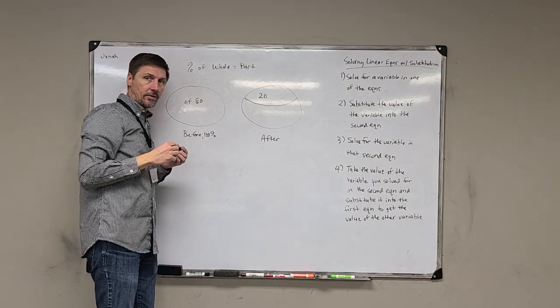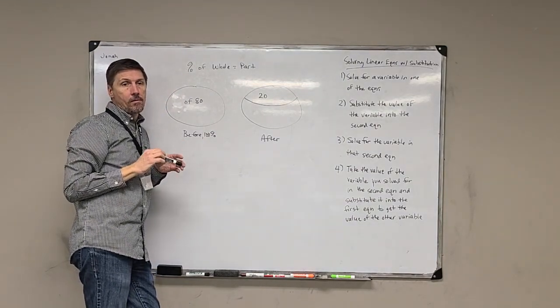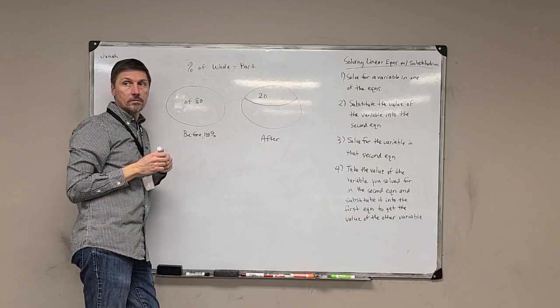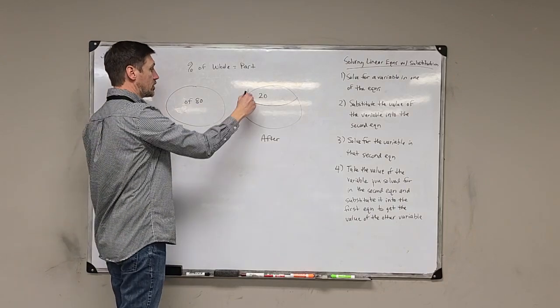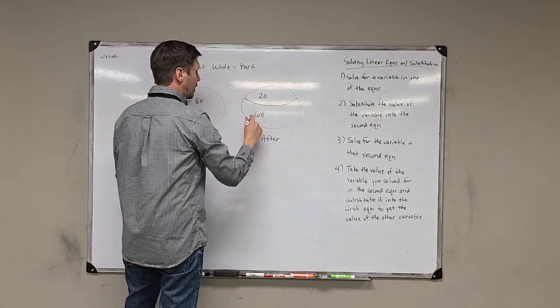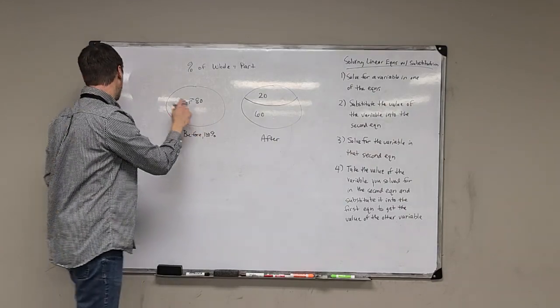How did we do those diagrams? You guys remember? It would be 60, right? Because 80 minus 20 is 60. So this total number here should always equal whatever the number is at the beginning, right?